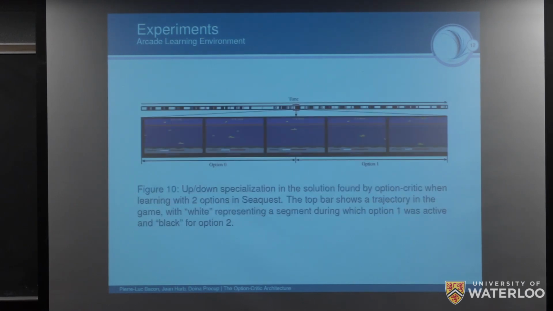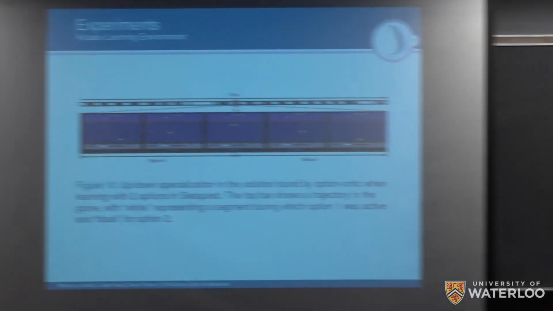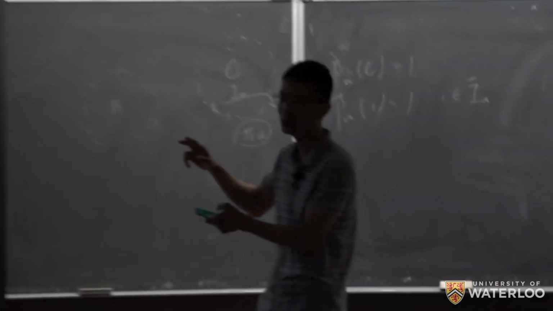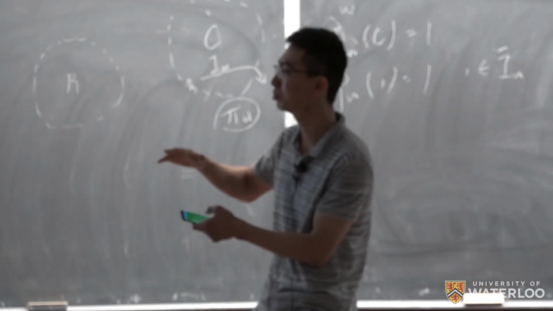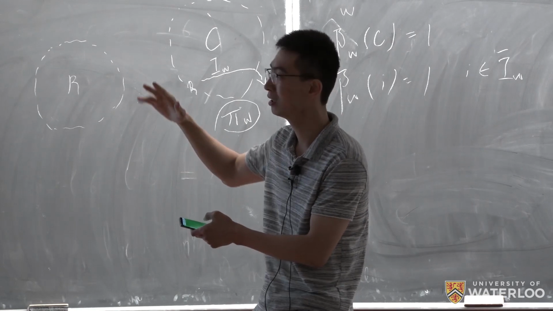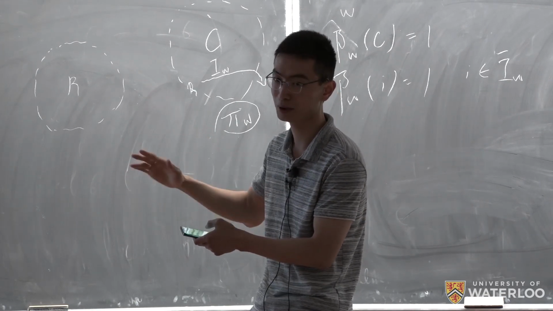We also find something interesting: in the Seaquest game, you control the ship up and down to avoid collision with other ships. If we choose two options, then the neural network can create two separate options. One is for controlling the ship going up, and another one is for controlling the ship going down.